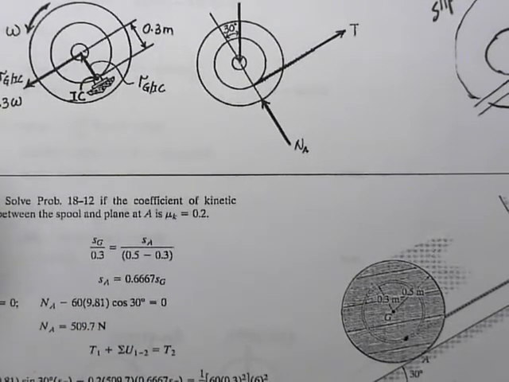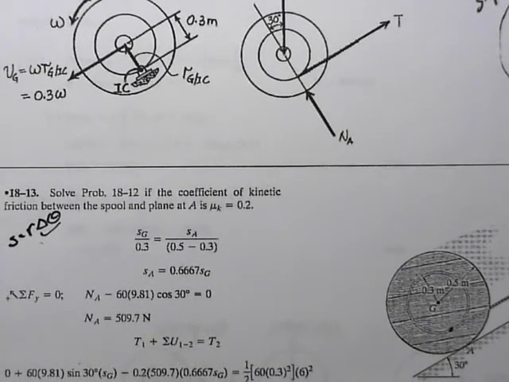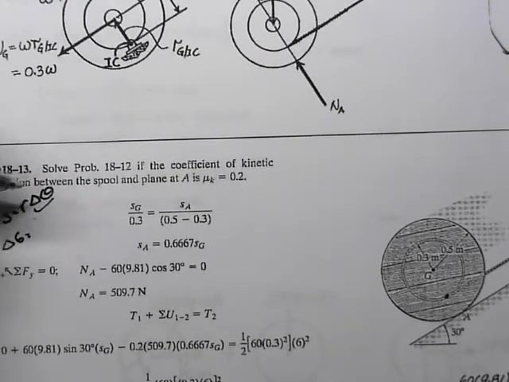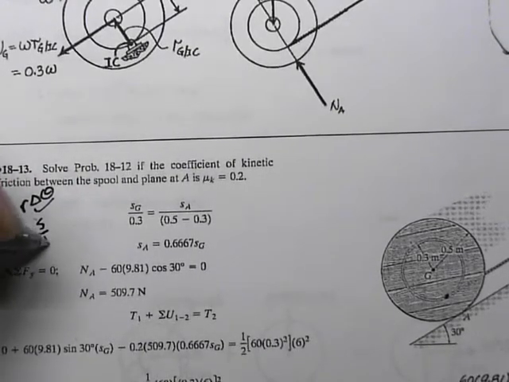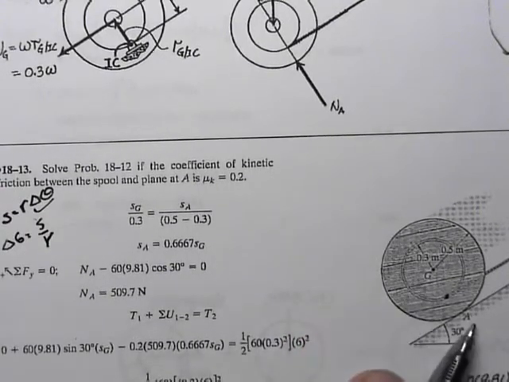We're saying that S is equal to R times delta theta, but for this wheel as it travels, the delta theta for both G and A would be the same. So delta theta is equal to S over R.